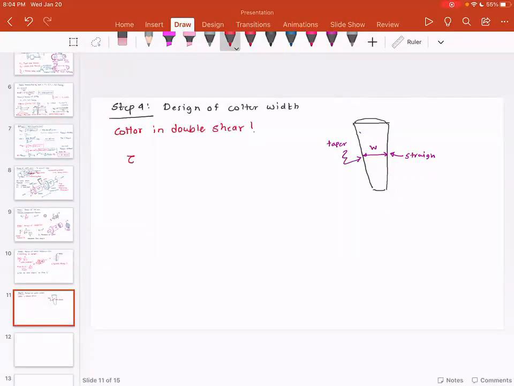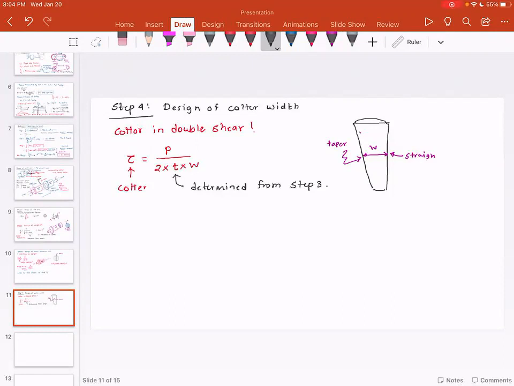And that is tau, again for quarter: P divided by 2 times T times W. Please note that T is determined from step 3, so the value of T is known.